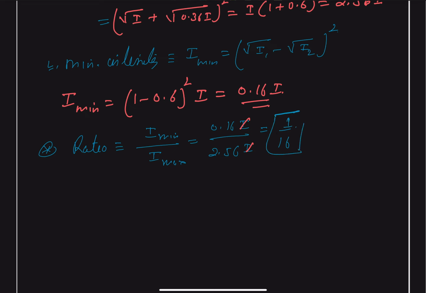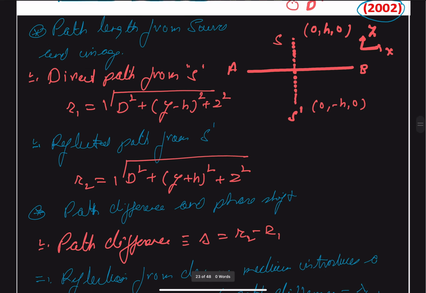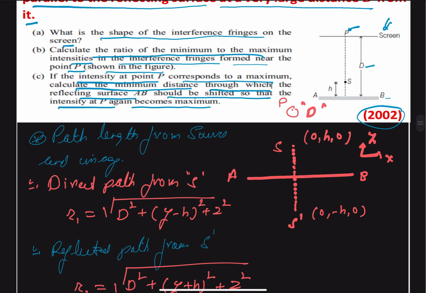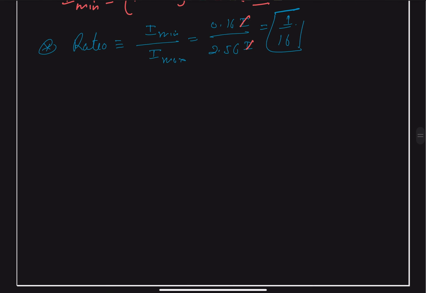And finally, for the final part we have to find out some kind of movement: the minimum distance through which AB should be shifted. We can shift this AB, but the intensity at P should again become maximum. So we have part C, and for part C we can divide this into two parts.